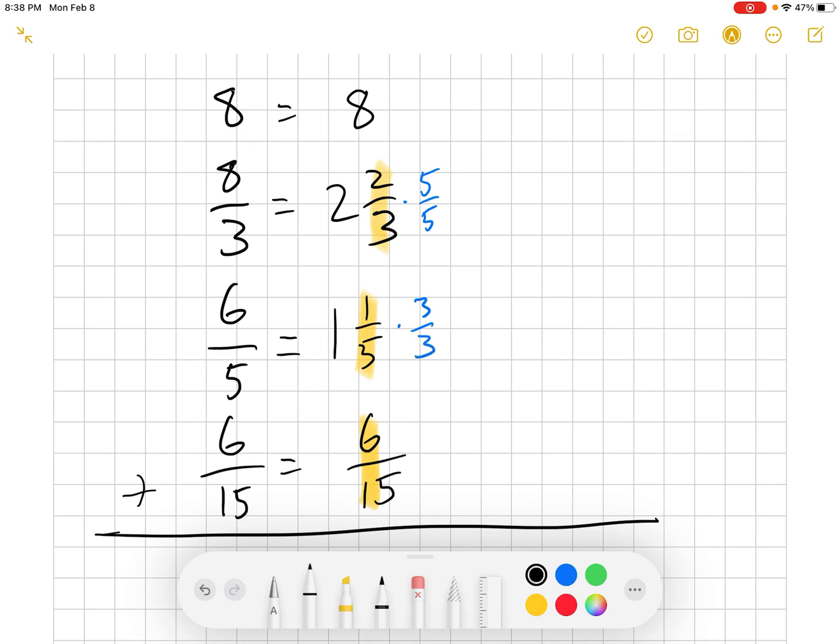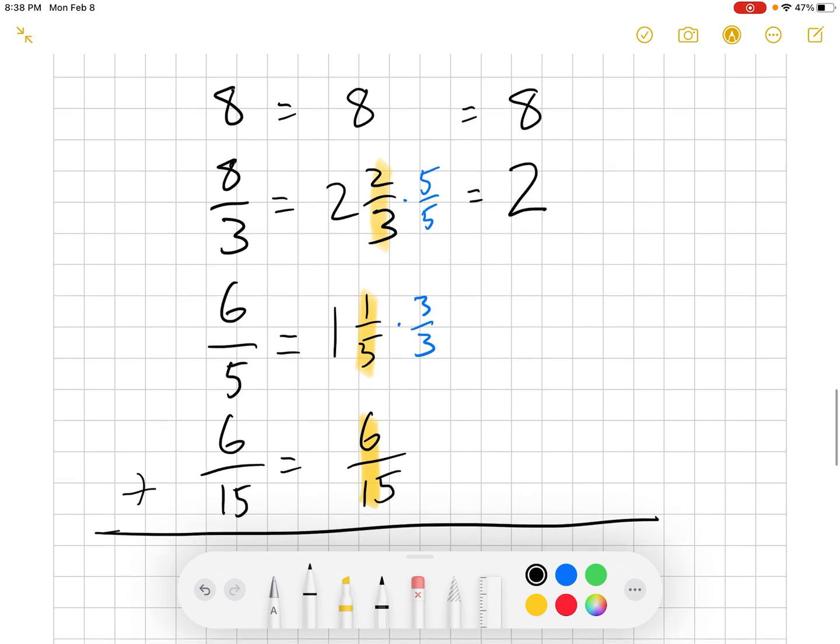We're getting close here. We'll rewrite all of those now, and I'm going to line this all up as 8 equals 2 and 10/15. This will equal 1 and 3/15. And last, we'll have 0 and 6/15.